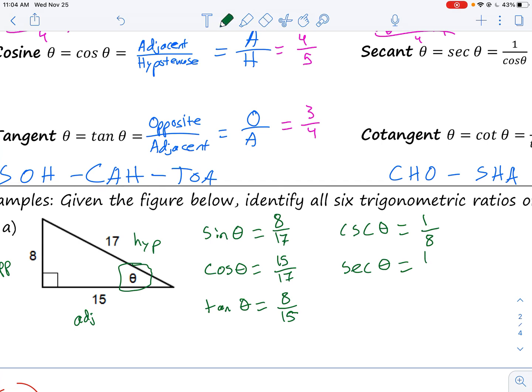This is 17. Hypotenuse is 17. Adjacent is 15. My bad. And then cotangent, or cot, of theta is adjacent over opposite. So there's my 6 trig ratios. And so you're just getting used to writing out what numbers go where to make the ratios.